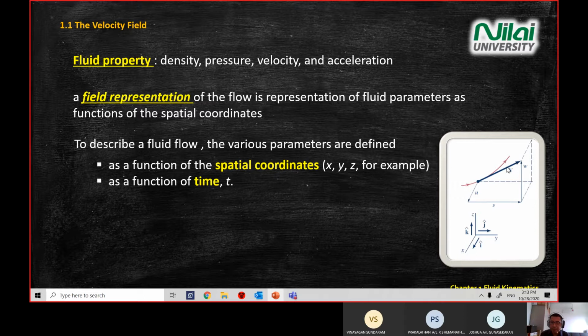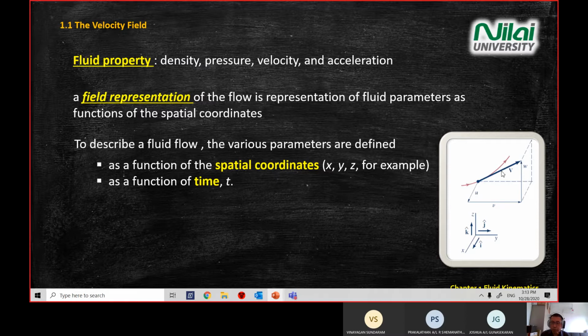The velocity in this module is a vector. Vector means it has a direction and magnitude. If you learned in physics class, you know that your vector can transform into x-axis, y-axis, and z-axis components.